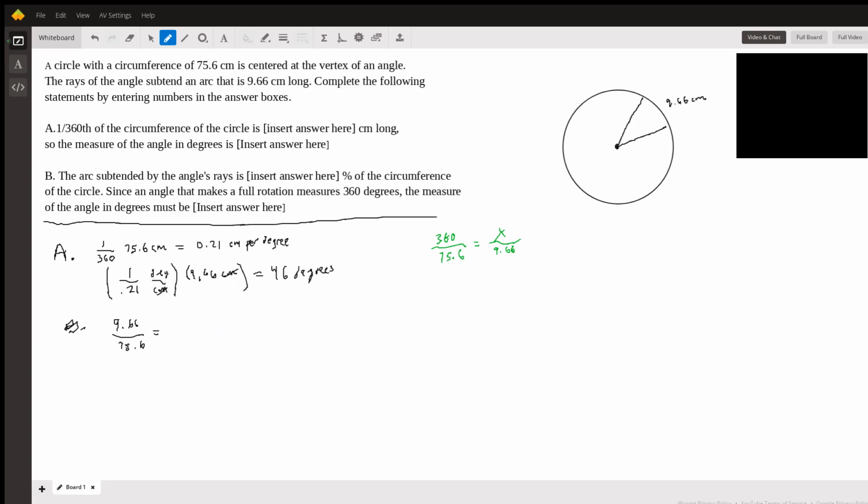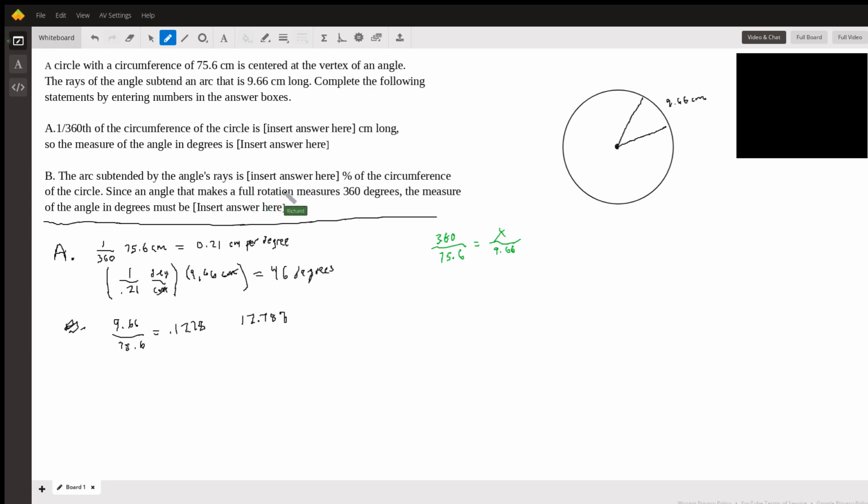So I'll do that on my calculator. 9.66 divided by 75.6 is an uncomfortable number, 0.1278. And so that goes here. So in terms of percentage, it would be 12.78%. That's what you would put in there because they want it in percentage.